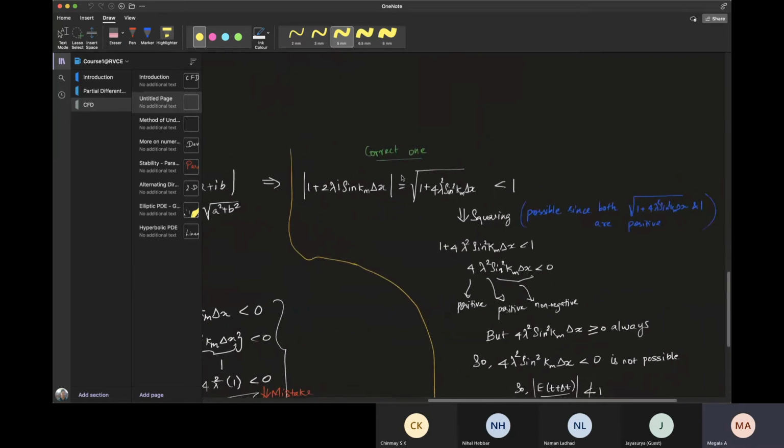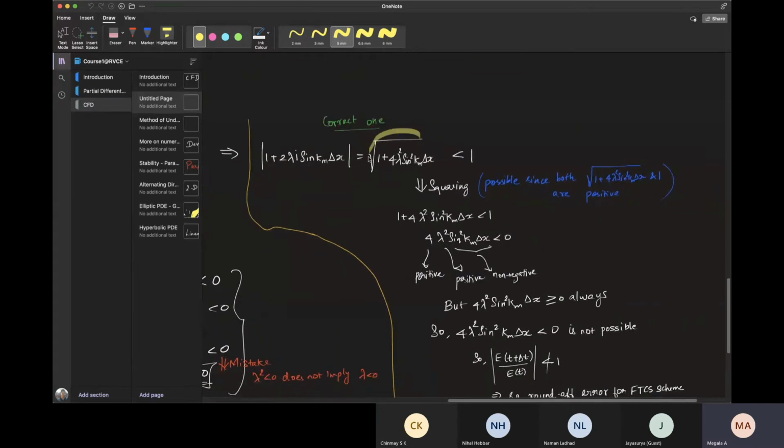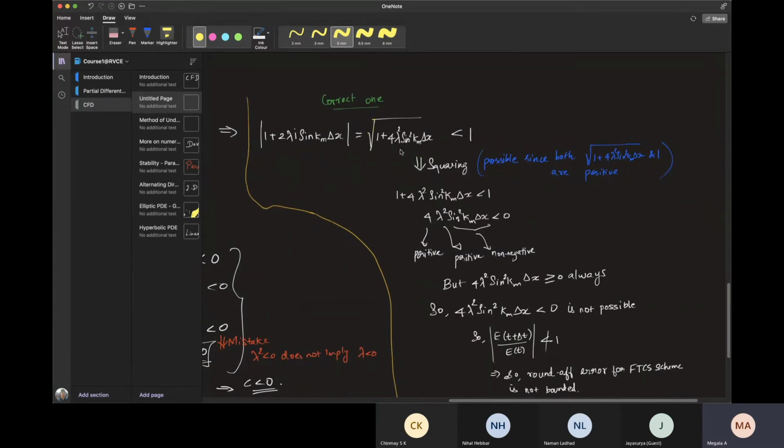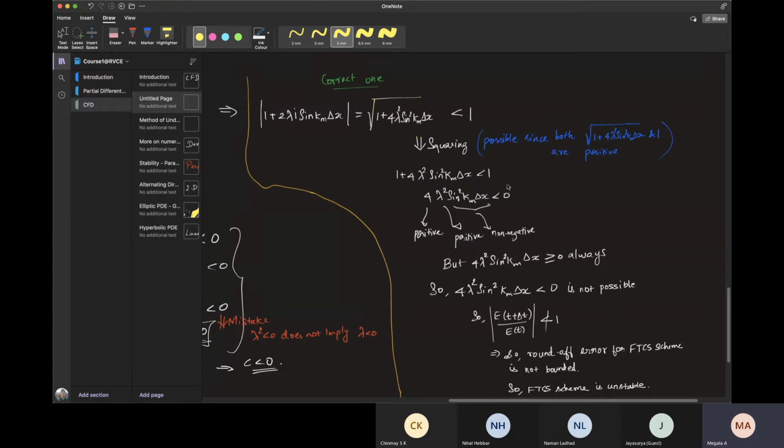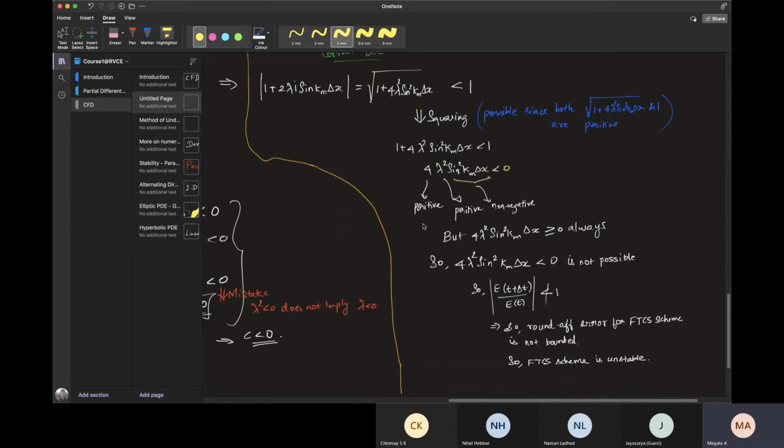The requirement for stability is this one, but this quantity is always going to be positive, whereas your stability analysis requires this to be negative all the time. You cannot put any condition on it to make this quantity negative, because it is always positive, so it's unconditionally unstable.